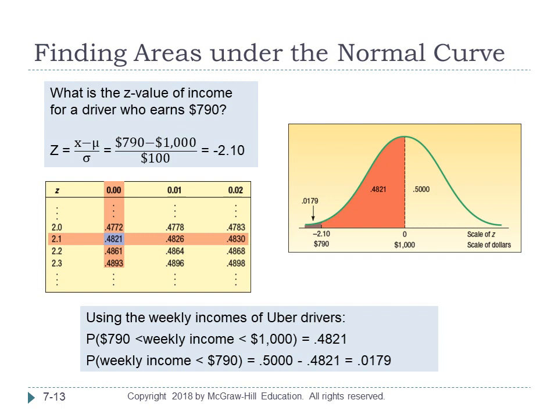If you look at the shaded area, if I subtract the area under the curve between minus 2.10 and 0 from 0.5, I get the small area to the left of minus 2.10, and that's what will give you the probability that the income is less than 790. It is then equal to 0.5000 minus 0.4821, which we looked up from the table. The probability is 0.0179.